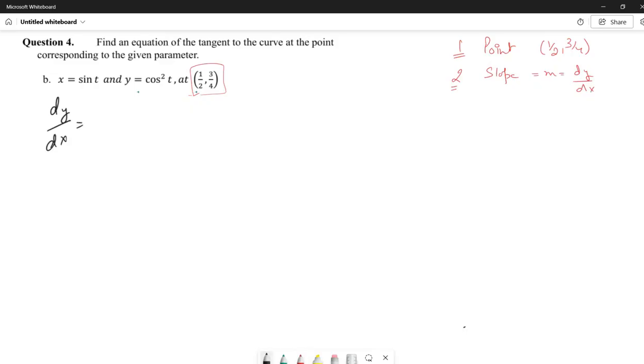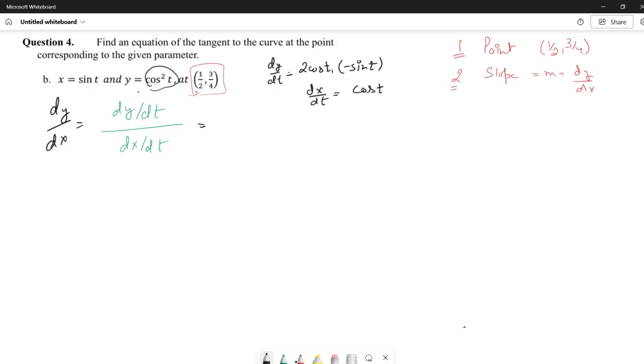Because this is a parametric equation, the formula of the derivative is dy by dt divided by dx by dt. So we need to differentiate y with respect to t first. The derivative of cosine squared, dy by dt, will be 2 cosine t times negative sine t, and dx by dt would be just the derivative of sine, which is cosine.